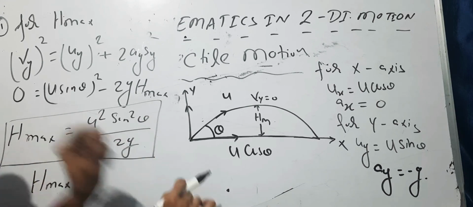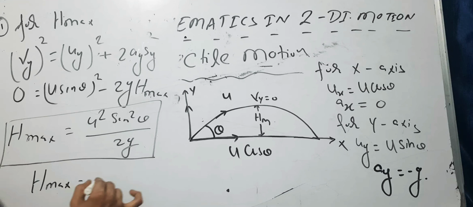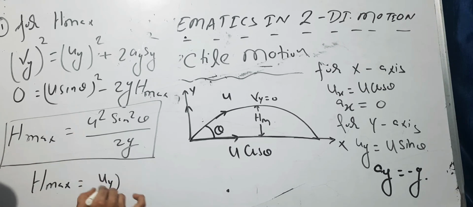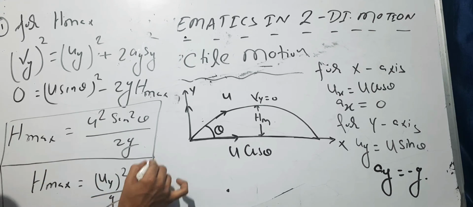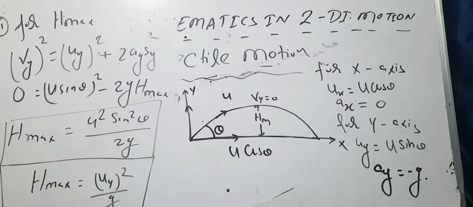If we know the one dimensional formula, you can apply it as it is. So it is uy square by 2g. If you substitute the value of uy from here, you will get the same formula. So this is H max which is attained by the particle.